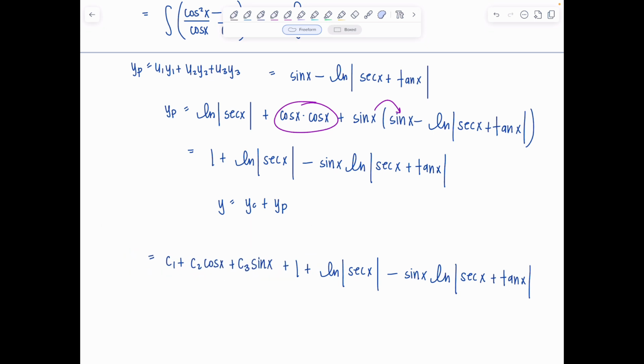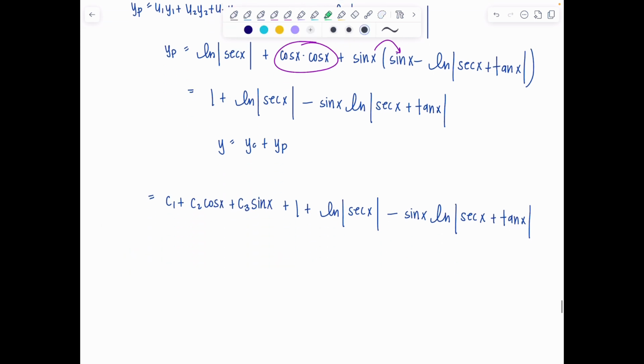So here's what I want you to notice. C1 is a constant. 1 is a constant. They should get absorbed to make a new constant for simplification purposes. What can we call it? C4, C0, whatever. C, you do whatever makes you happy.